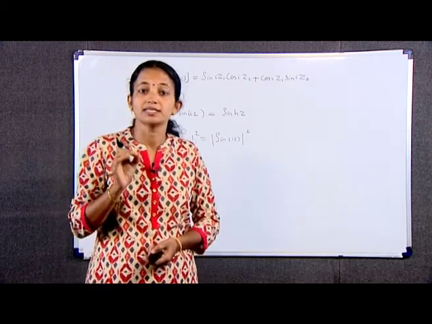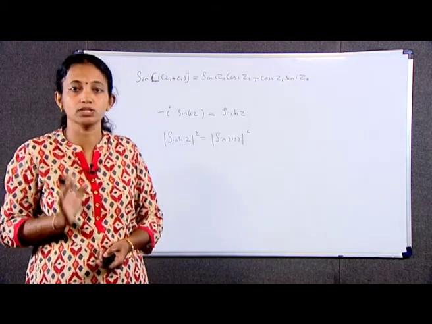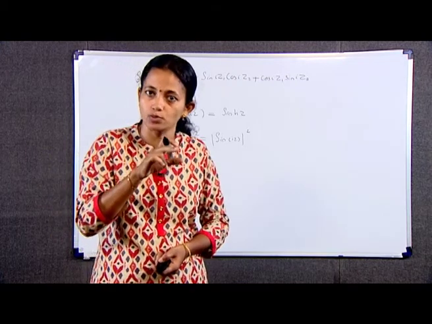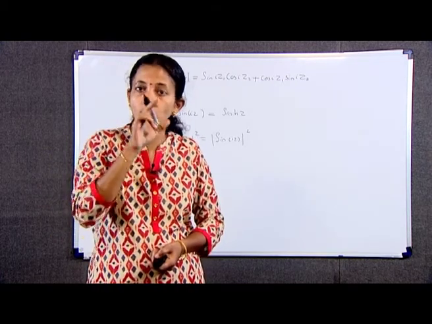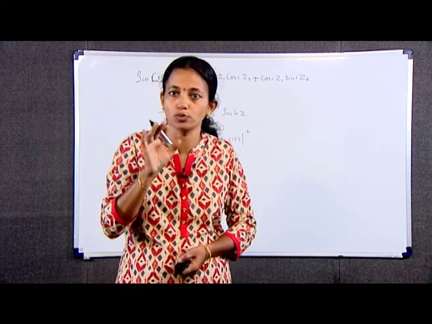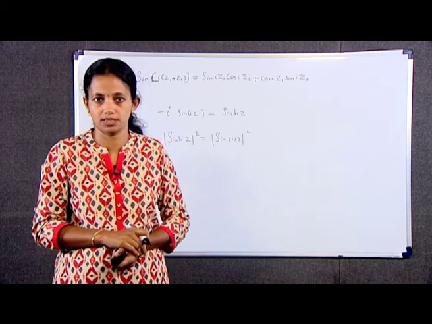That is, if z is equal to x plus iy, the modulus of sinh z whole square is equal to the modulus of sin i into x plus iy whole square, which is equal to again the modulus of sin of minus y plus ix whole square, which is our equation number 6.